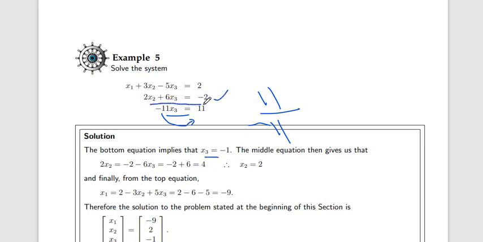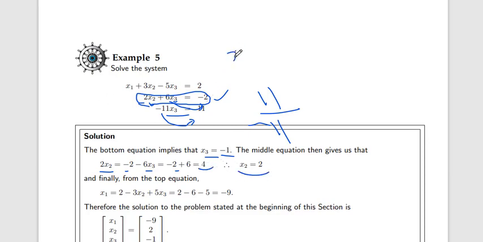Here you can see that there is only one unknown, x2. We know the value of x3, so we will put the value of x3 in the second equation and then find the value of x2. So 2x2 is equal to minus 2 minus 6x3. What is the value of x3? Minus 1. So minus 2 plus 6 is equal to 4. So we get x2 is equal to 2.